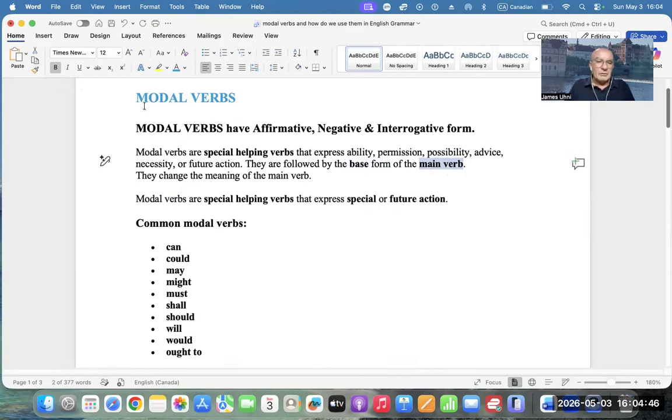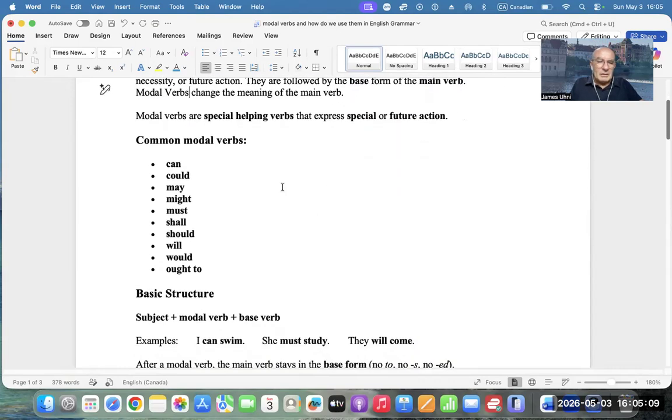So, modal verbs change the meaning of the main verb. Here are common modal verbs: can, could, may, might, must, shall, should, will, would, ought to.